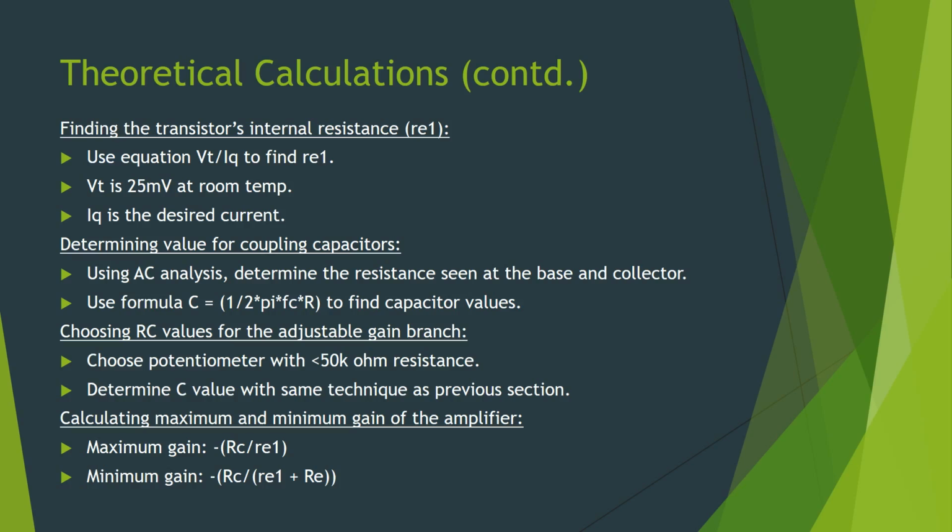So for finding the values of the coupling capacitors, we use the formula C is equal to 1 over 2 pi times the cutoff frequency times R. In our case, that R is the complicated part, where you say, okay, looking in terms of AC, so any DC voltage source is actually a ground, what resistance do we see?